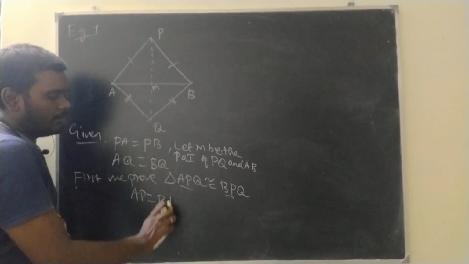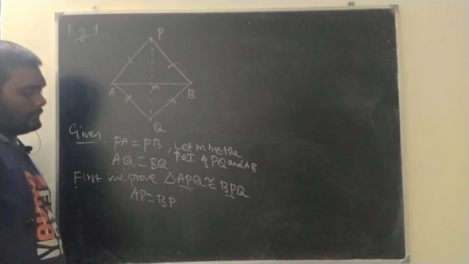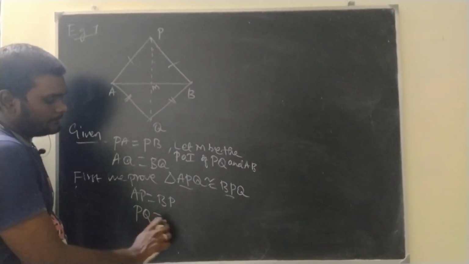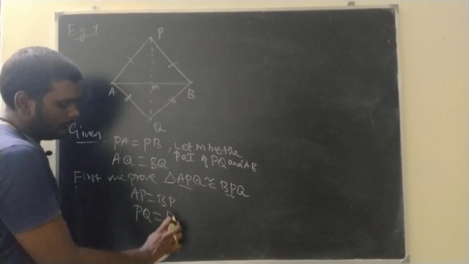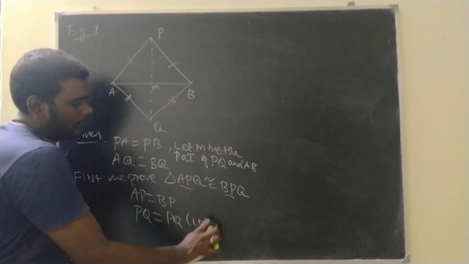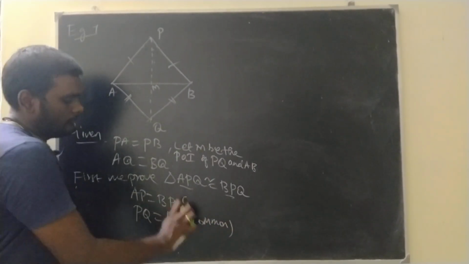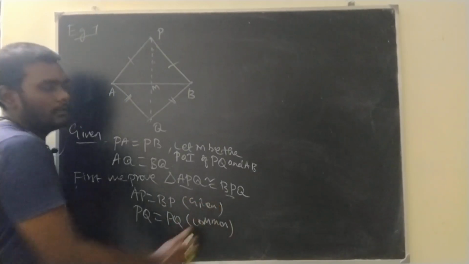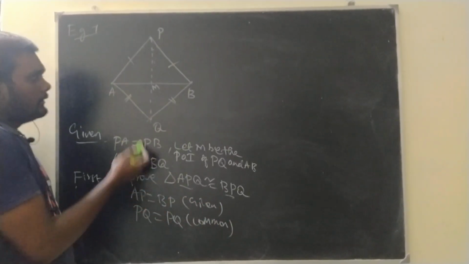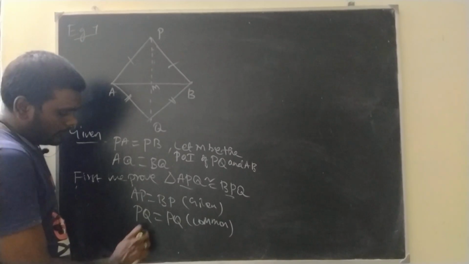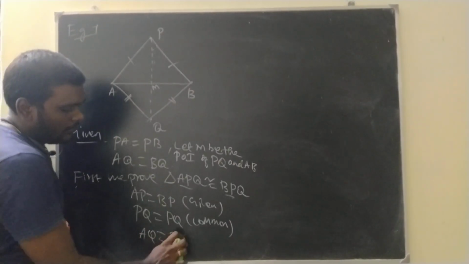We have AP equal to BP, and PQ is the common side. It is common. It is given. The other side AQ is equal to BQ, also given in the question.